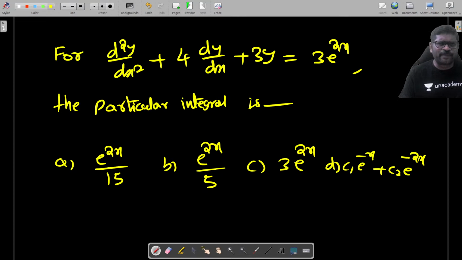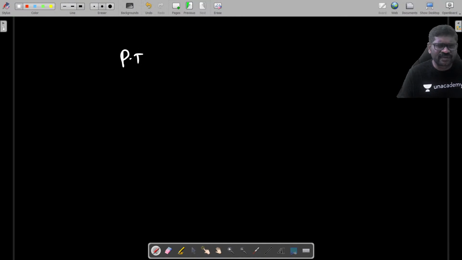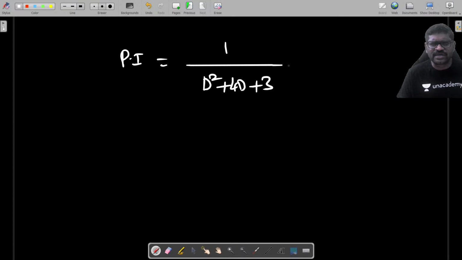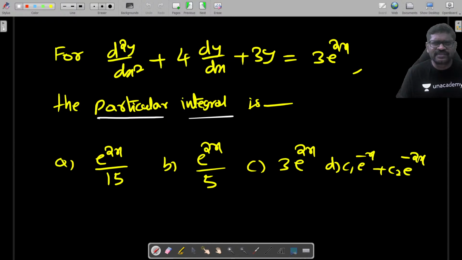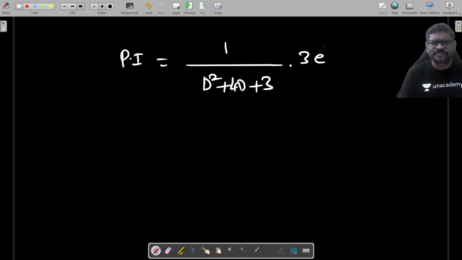So here the particular integral of the given differential equation is 1 by d square plus 4d plus 3, that is the operator, 3 e power 2x. In the case of exponential function, replace d by alpha, here alpha is 2, d by 2.